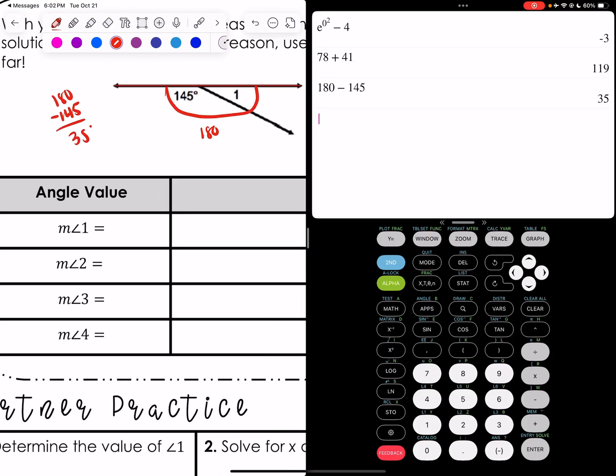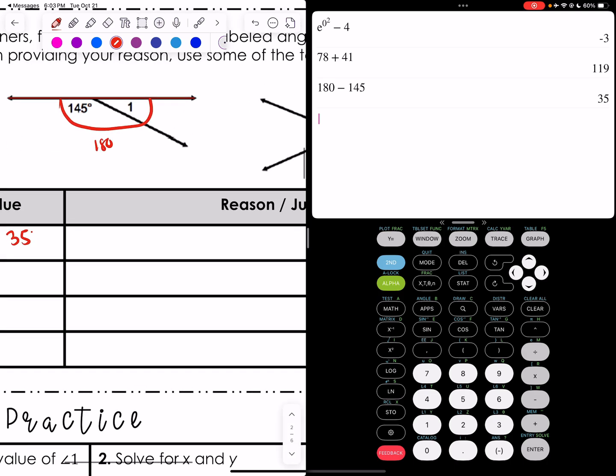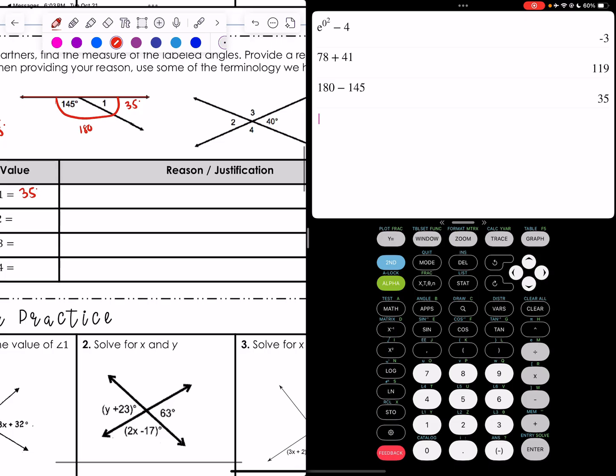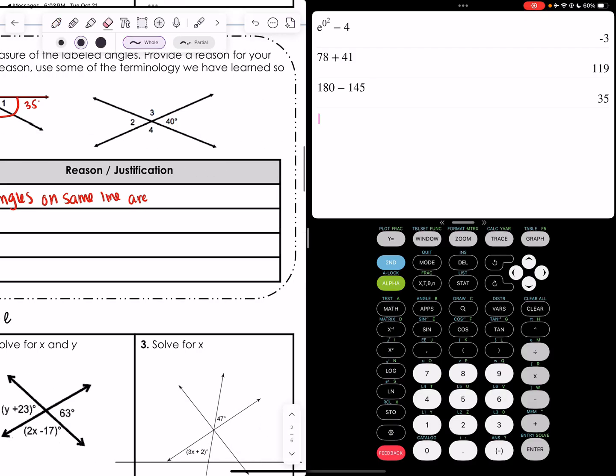So I know angle 1 is going to be 35 degrees. And my reasoning or my justification could be angles on the same line add up to 180 degrees. Or I can be smarter and more mathy and say supplementary.